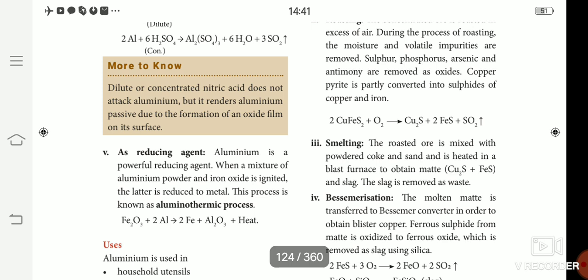Roasting involves heating the ore either alone or in the presence of an oxidizing agent, mostly oxygen.